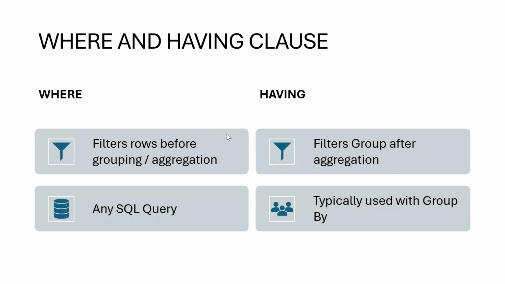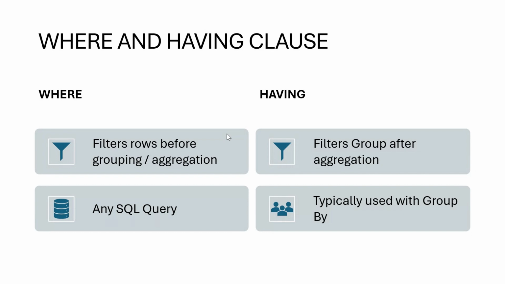So let's discuss the theoretical explanation first. What exactly is the difference between the WHERE and the HAVING clause? When you want to filter the data, in both cases we use the WHERE and the HAVING clause. But the WHERE clause we use before putting any grouping or aggregation function.